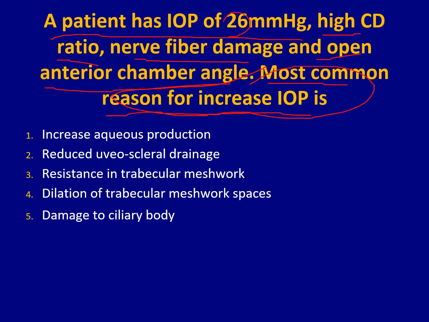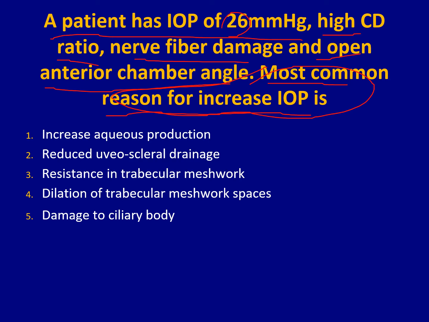High intraocular pressure, high CD ratio, nerve fiber damage. So it is an open angle glaucoma because there is no mention of white flecks or pigment or new vessels. So this means it's a primary open angle glaucoma. In other words, the question is being asked, what is the pathophysiology of primary open angle glaucoma?